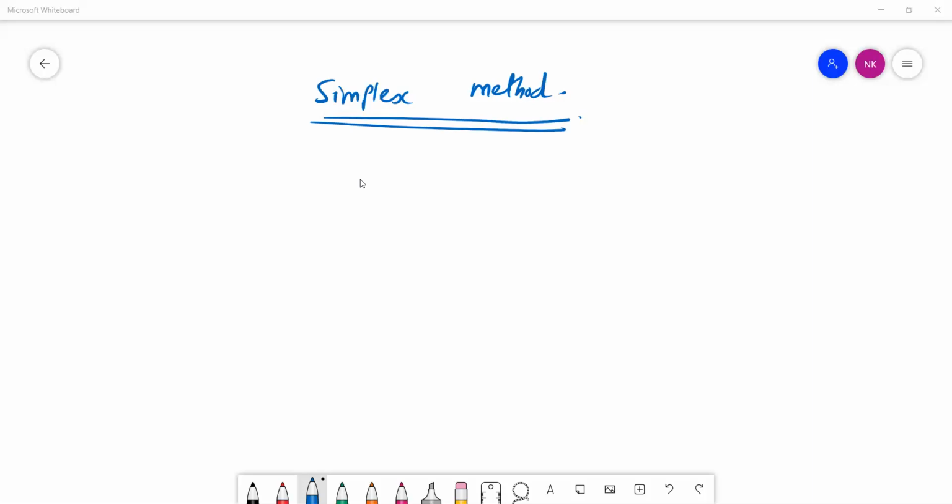Although the method name is simplex, it's quite a complex method.